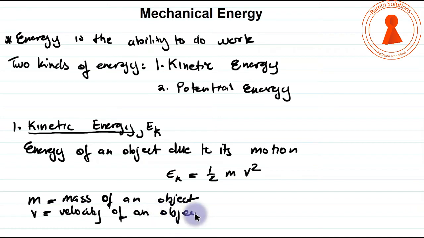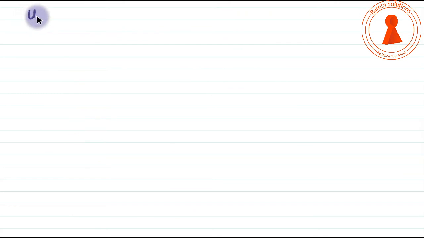Obviously, m is mass in kilograms, because in physics it's kilograms, and v is velocity in meters per second. I want you to know that energy is a scalar quantity. By now you have done vectors and scalars.